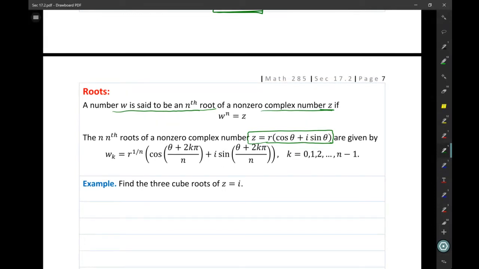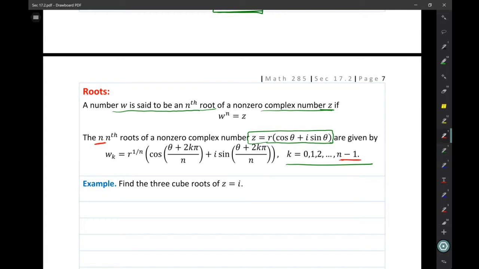Then w_k is equal to r to the power 1 over n times cosine of (theta plus 2k pi) divided by n plus i sine of (theta plus 2k pi) divided by n. But the values of k should start from 0 until n minus 1, where n is the number of the roots which is required.